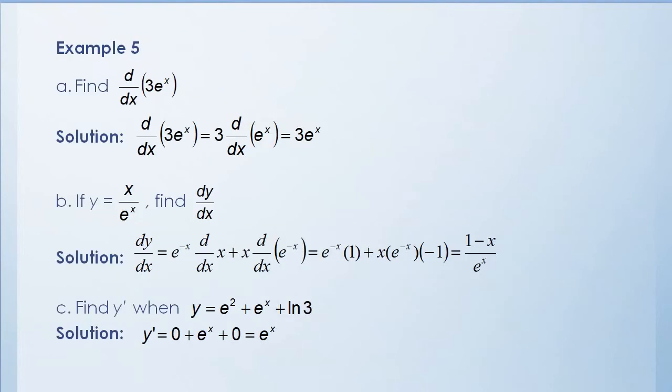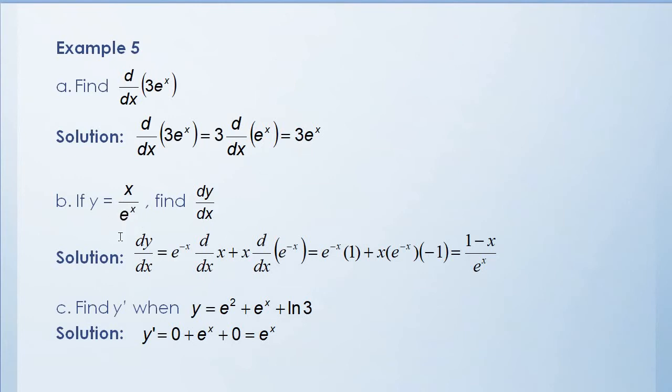Example 5. Differentiate 3e^x. Since 3 is a constant, I move out 3. Differentiate e^x, we will get e^x. Therefore, we will have 3e^x.